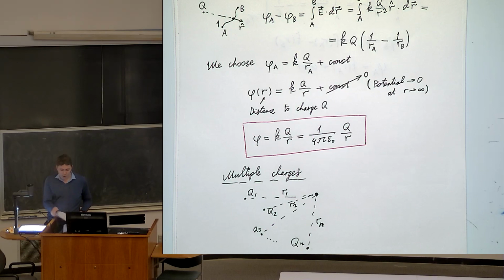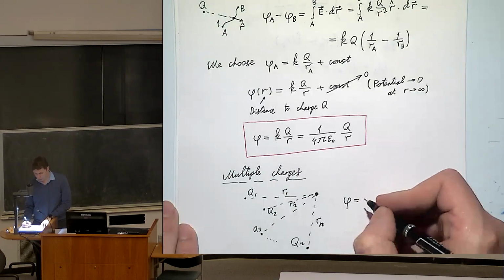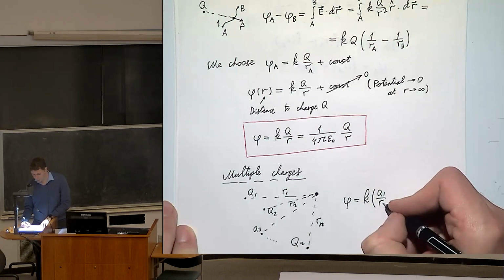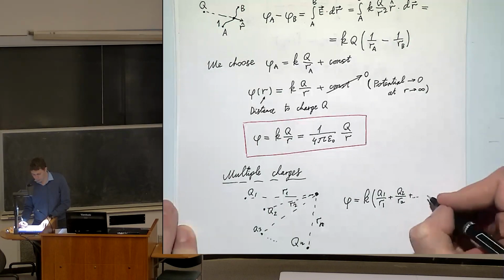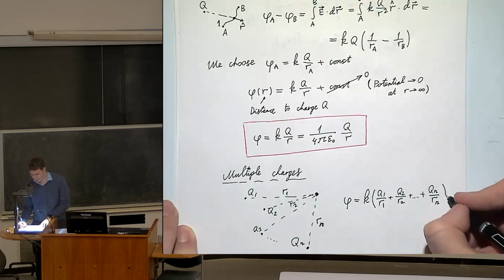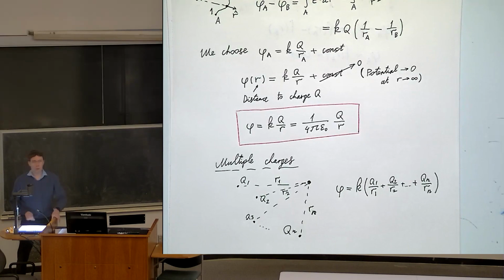So we've got to add up their potentials. The potential at this point is given by K, Q1 over R1 plus Q2 over R2 plus and so on, plus Qn over Rn. And that way we can find the electric potential of an arbitrary configuration of charges at an arbitrary point.